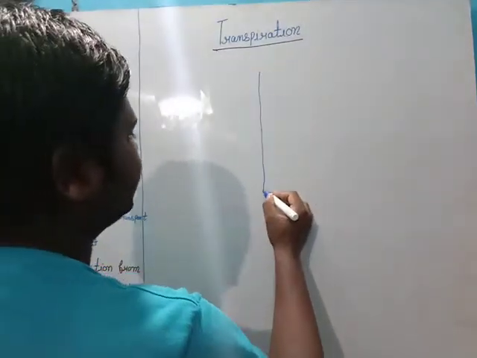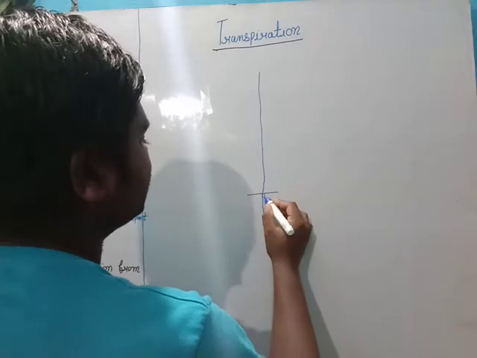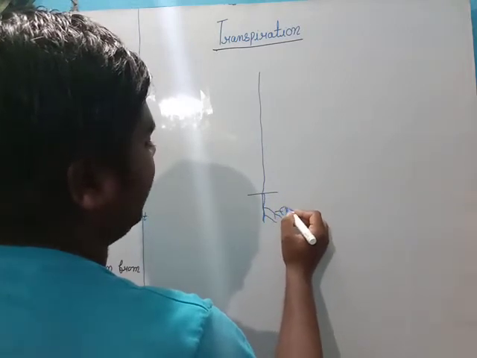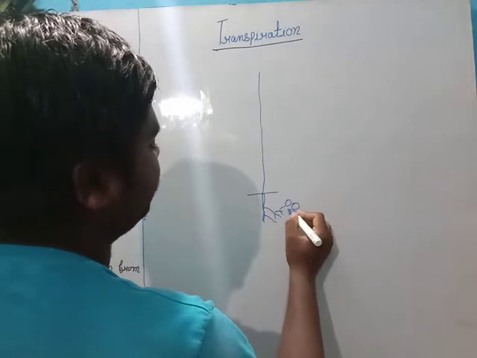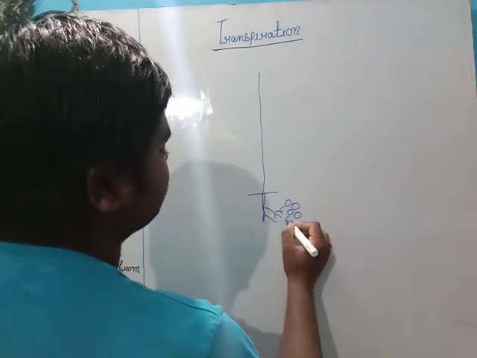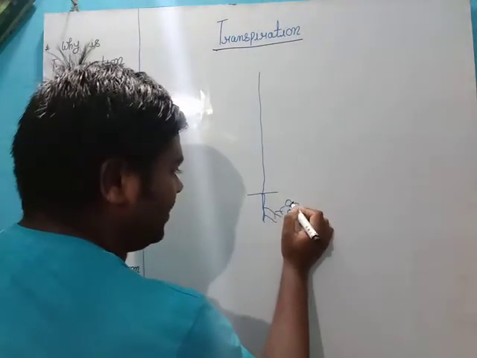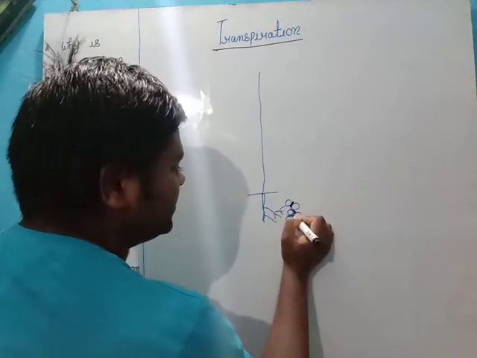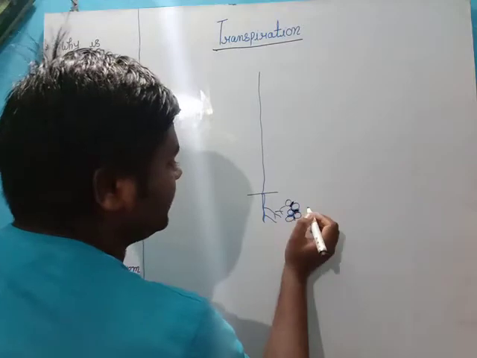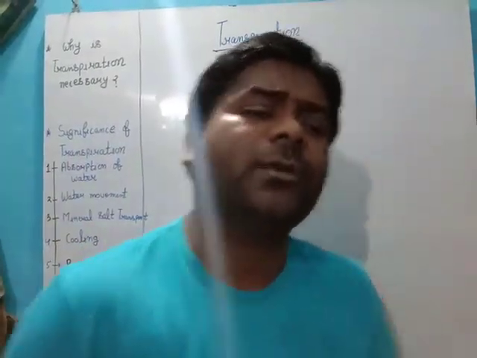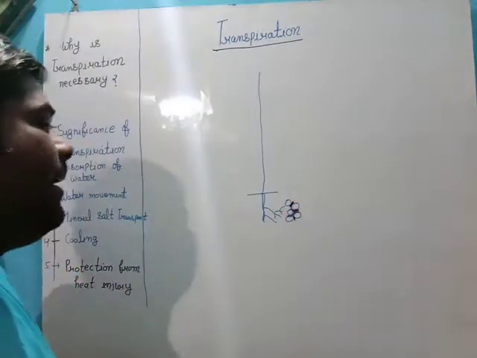Whenever we know that the system has a root here, a fine structure, and here we have soil, suppose we are assuming, and there is water present between two soil particles. I already taught you this water, we call it capillary water.